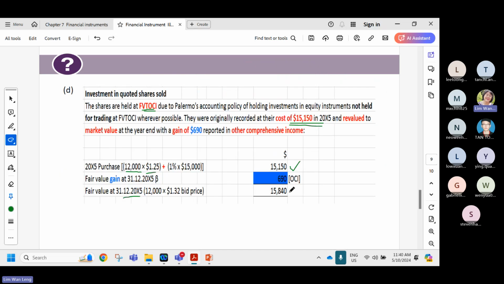So the value of the shares is 15,840. You take the difference between the two, the difference actually is a gain. And because they measure it at fair value through the OCI, the gain will be reflected in the OCI. Okay, got that?